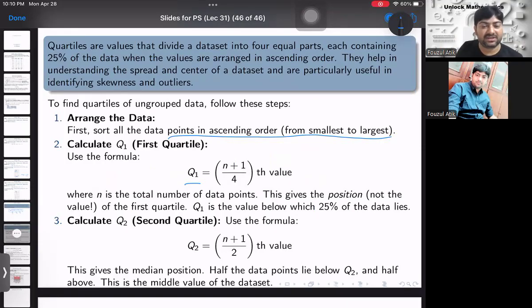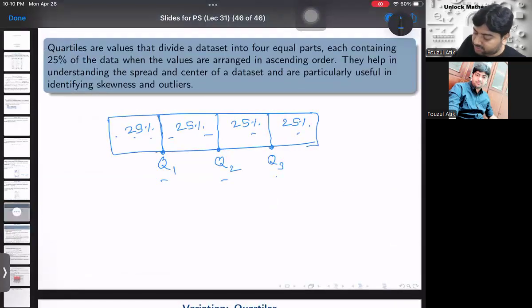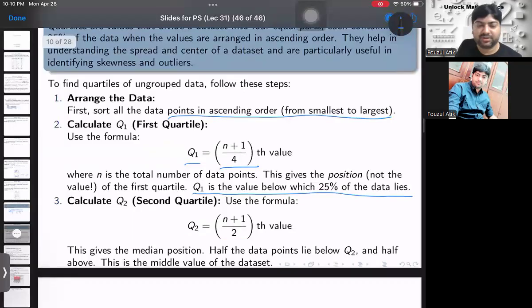This Q1 value is the point below which 25% of the data lies. So below Q1, 25% of the points belong.